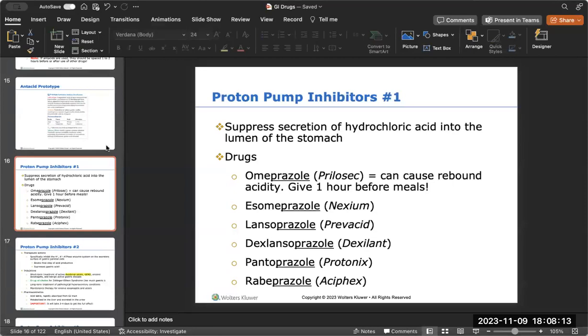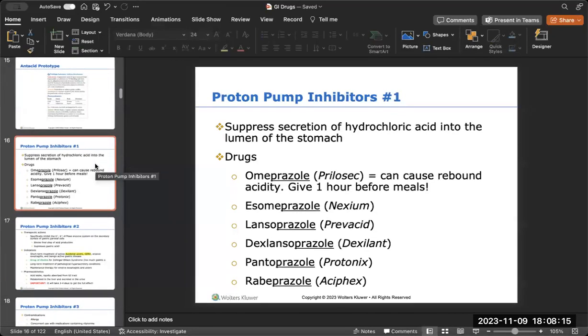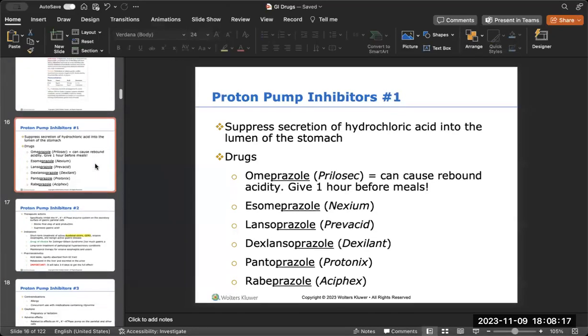No. Okay. So the next thing we have is proton pump inhibitors. Now, this means that we have a proton pump in our stomach area, and they secrete these hydrogen ions, okay? And the hydrogen ions is what allows us to have that gastric or hydrochloric acid in our stomach, that gastric acid, okay?